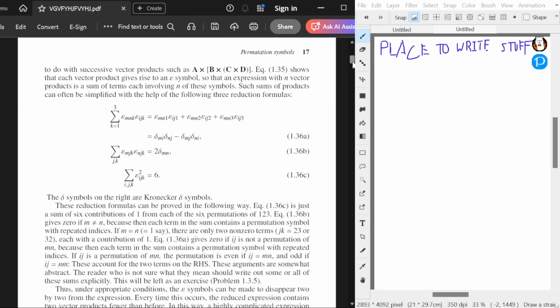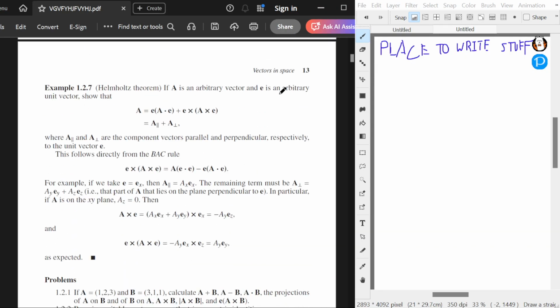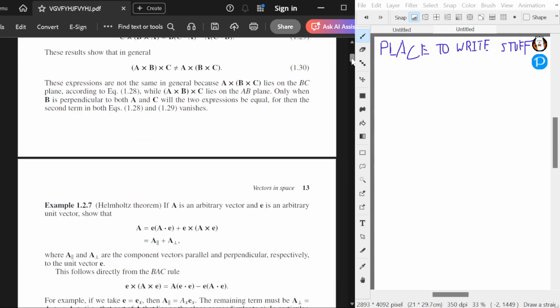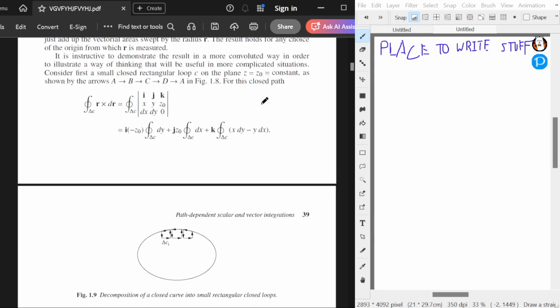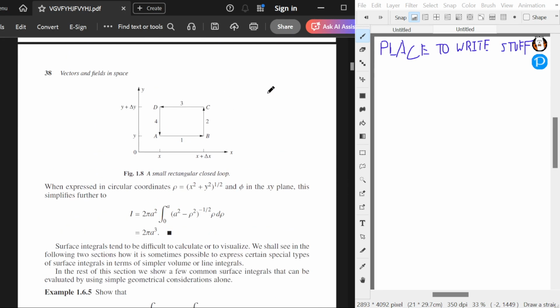Figure 1.8. Well, where are you, my friend? I feel like this is too far up. 1.8? Okay. Screenshot. You go over here, paste, transform.